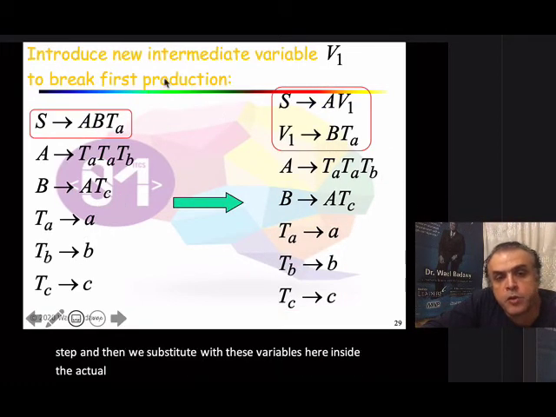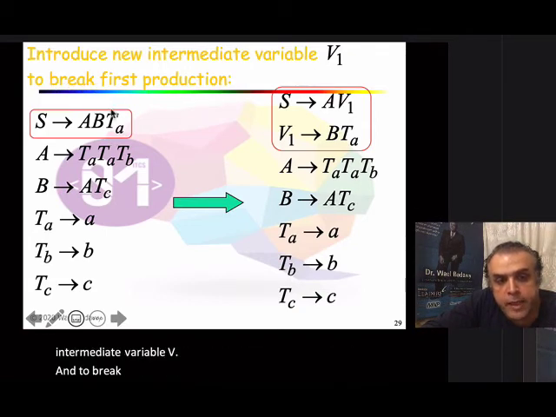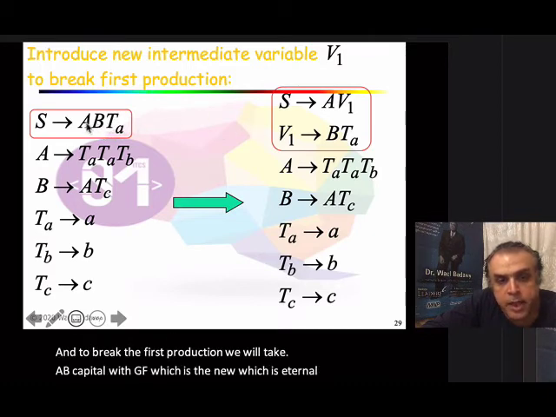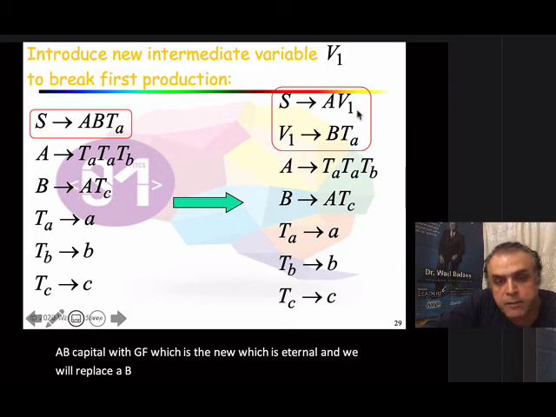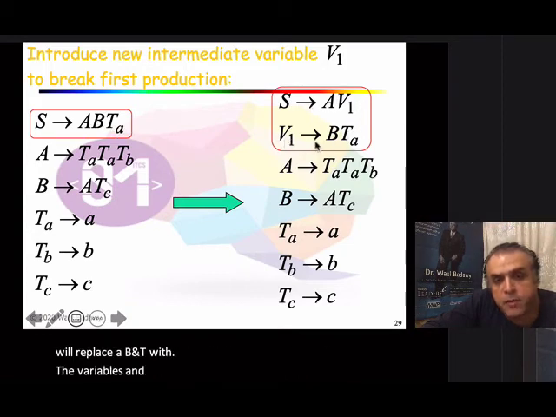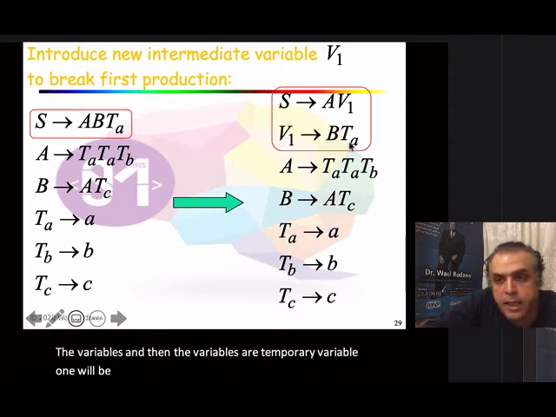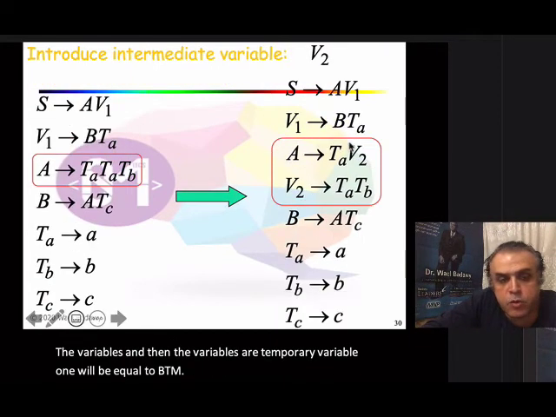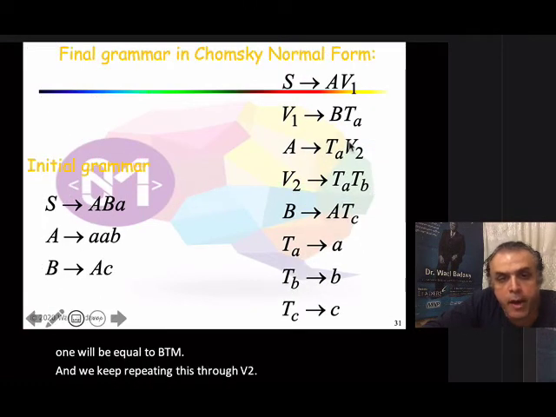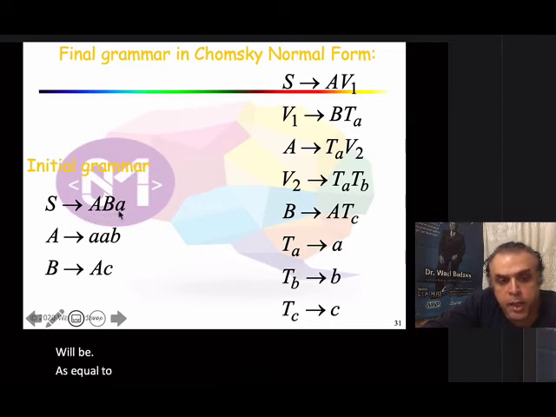Then we introduce an intermediate variable V, to break the first production. We take A, B capital with TA, which is the terminal, and we replace them with the variables, and then the temporary variable V1 will be equal to B, TA, and we keep repeating this through V2. The initial grammar is S equal to A, B, small a.